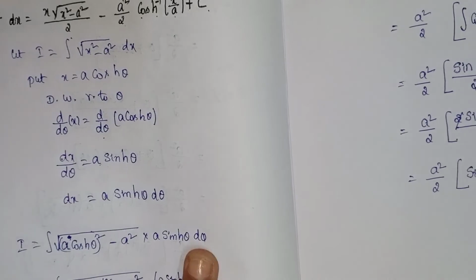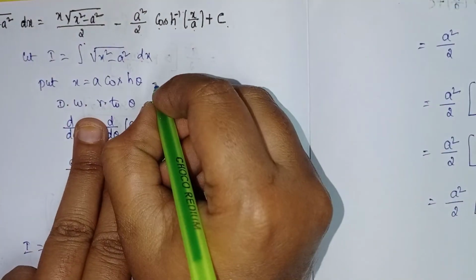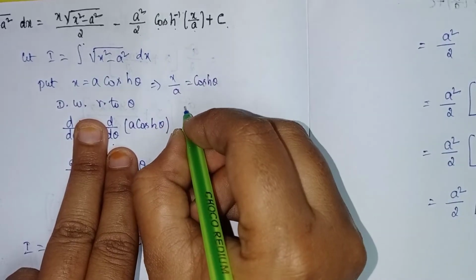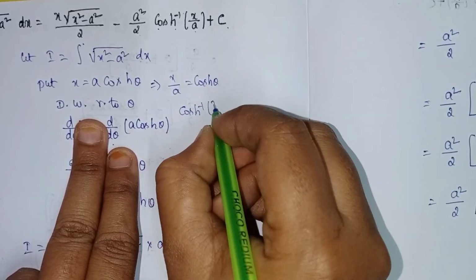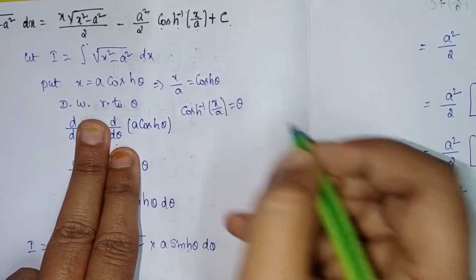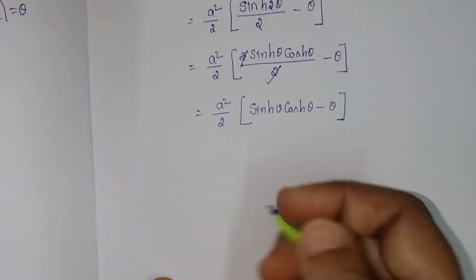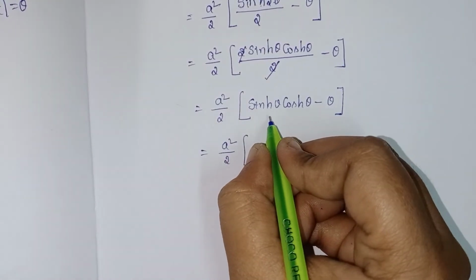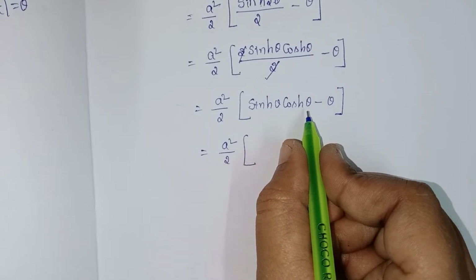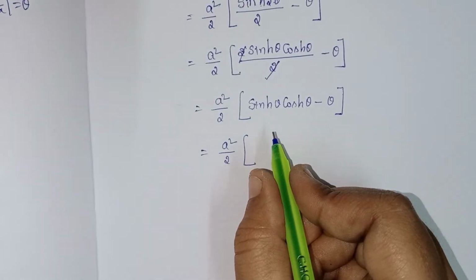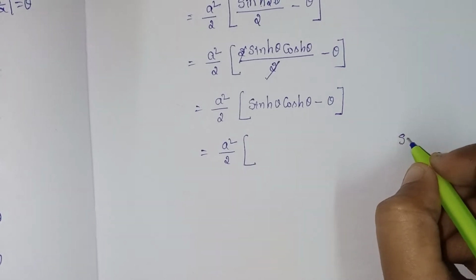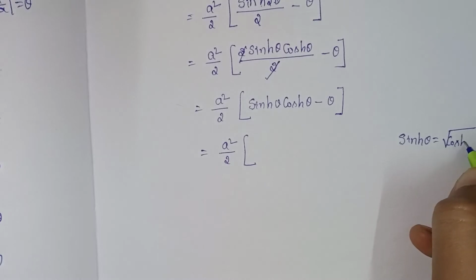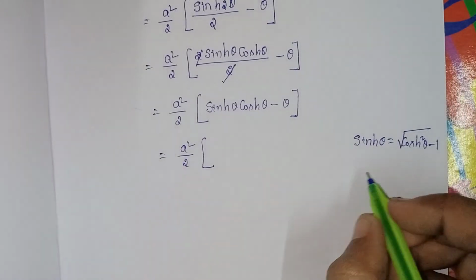Okay, here see, beta, x by a equals cos h theta. Cos h inverse of x by a equals theta. So substitute here. In the place of theta, you can write a square by 2 into sin h theta cos h theta minus theta. We know that sin h theta equals square root of cos h square theta minus 1. Correct, beta?